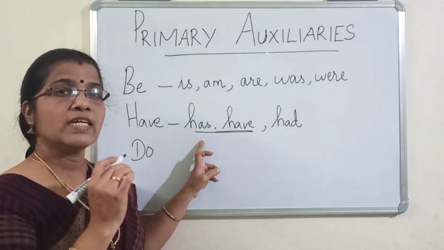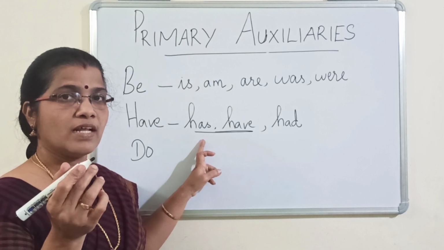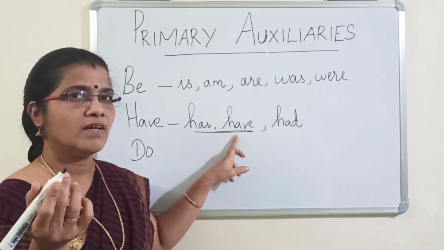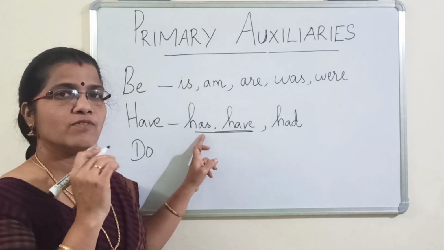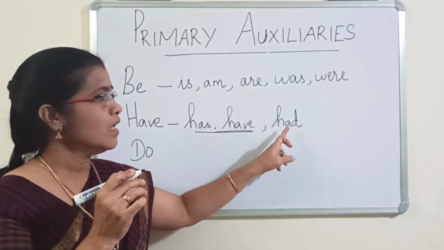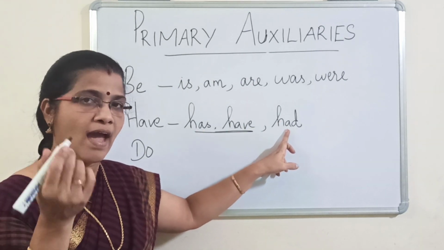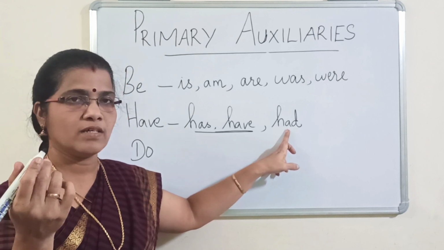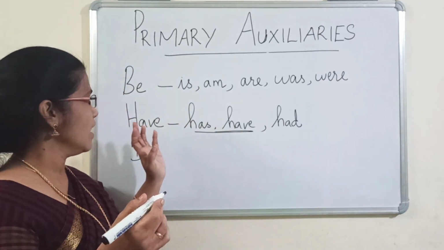So you say she has written a letter. When it comes to they have written a letter, they is plural, so we have used have. She is singular, we have used has. Now when it is used for past tense, she had written a letter, they had written a letter, both the same verb. So these are the three forms of have.